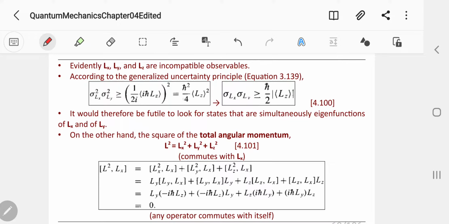If you go back to equation 3.139, that's the generalized uncertainty principle. It's quite awkward that when you measure Lx precisely, that will affect Lz as well.